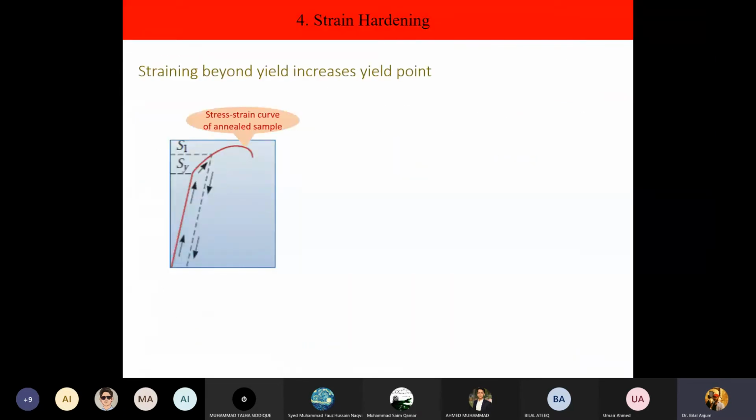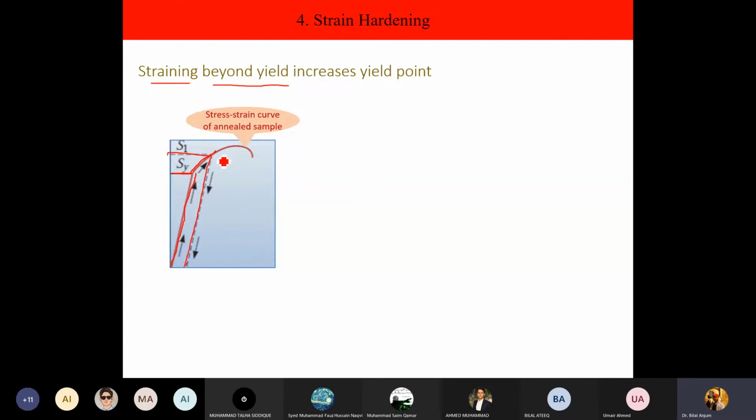Let's say you have a tensile sample and you strain the sample beyond the yield stress, in a way that the sample is stretched under tensile load until the yield point is reached, and you keep on stretching beyond the yield point up to this point S1, and then you release the load.